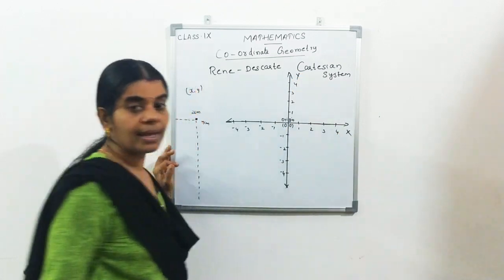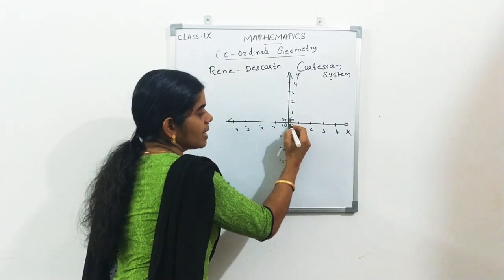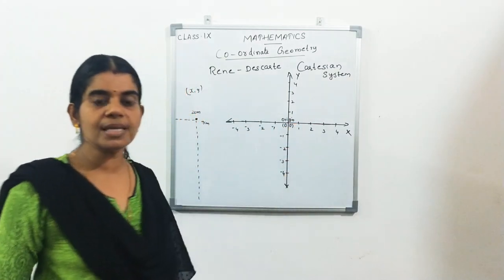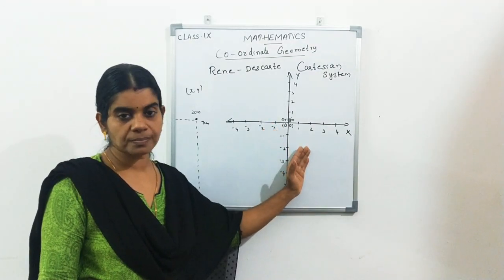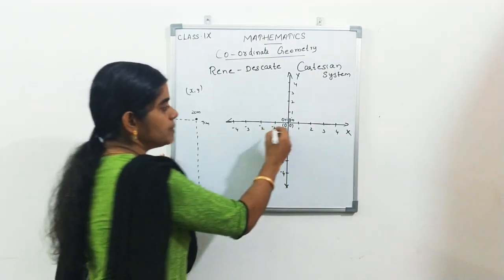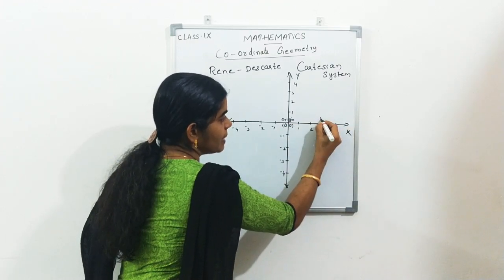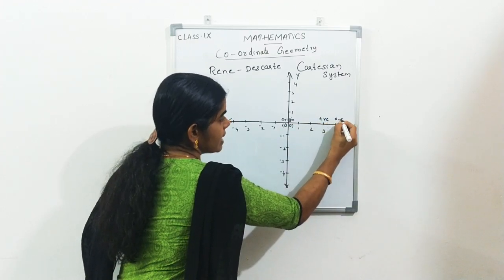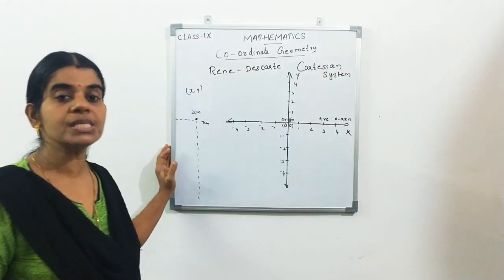These two axes intersect in a point that is known as the origin. The coordinate of the origin is 0, 0. From this origin, the right part of the x-axis will be the positive x-axis. From here to here, all will be positive values for x.